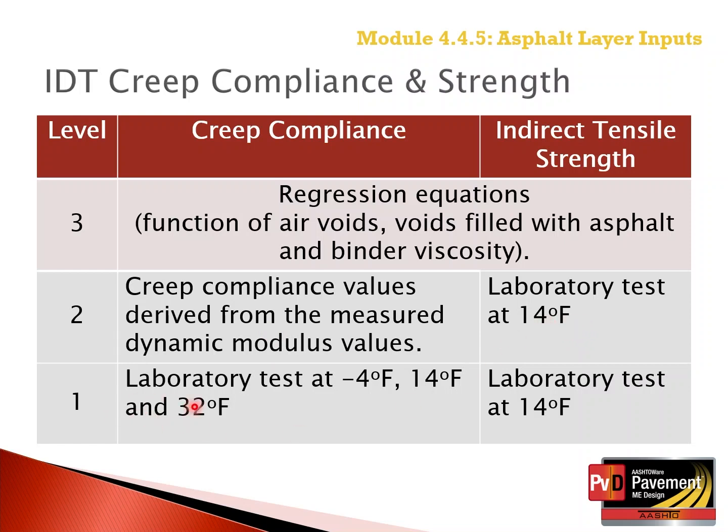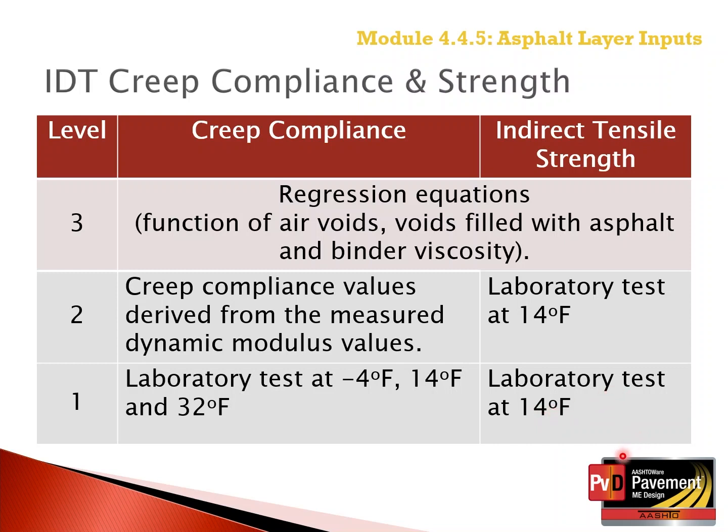For input level 1, the creep compliance values are measured in the laboratory in accordance with AASHTO T 322 at test temperatures of -4, 14, and 32 degrees Fahrenheit. The strength is measured in the laboratory at 14 degrees Fahrenheit, as well as other test temperatures in accordance with AASHTO T 322.